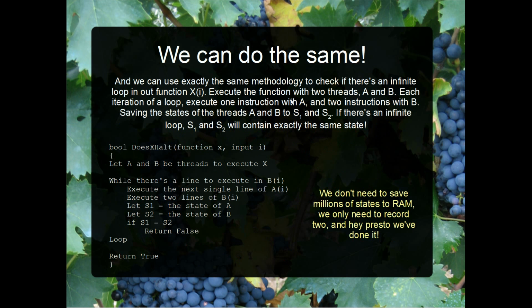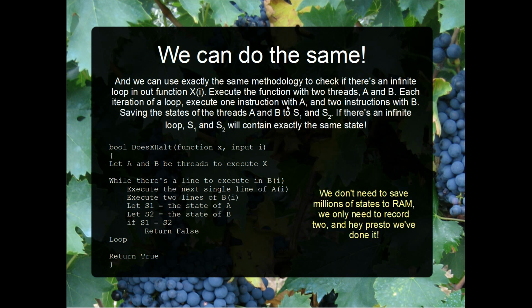And rather happily, we can do exactly the same thing with our doesXHalt function. So what we're going to do is execute the function x with its input I with 2 threads, A and B. In each iteration of a loop, we want to execute 1 instruction with the A thread and 2 instructions with the B thread.